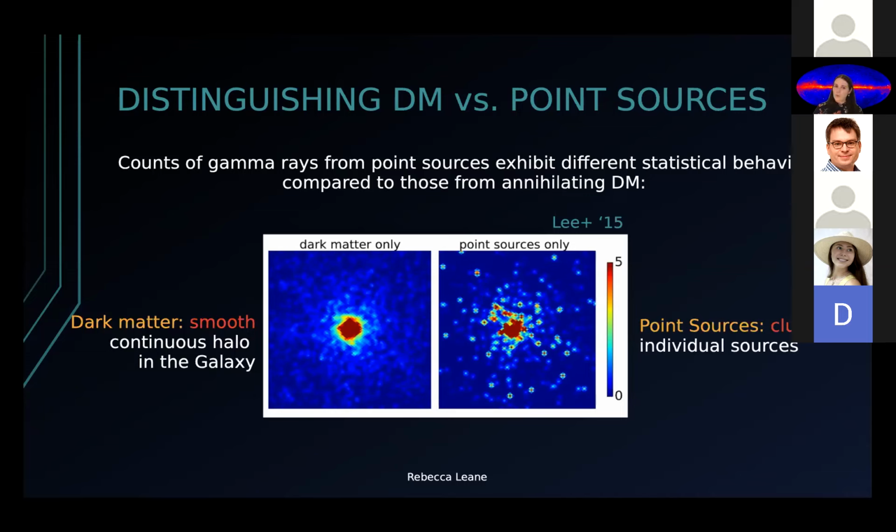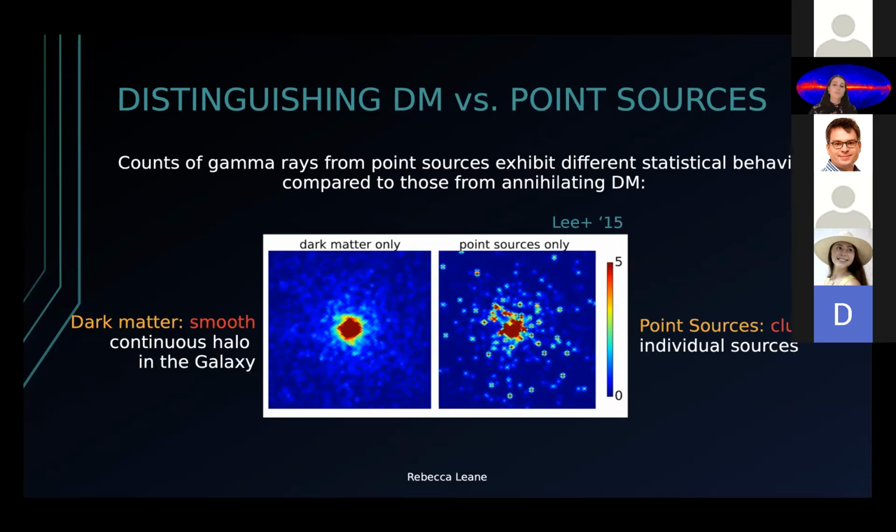Compared to if you have point sources, you have an image that looks a bit more like on the right. So the image looks more clumpy. And this is because you could imagine in a given pixel of the sky, you have no pulsars, so you have no gamma rays. And then in a different pixel, you might have several point sources giving you lots of gamma rays. So the pixel to pixel variance is much higher than the smooth case you have for dark matter. So we want to go hunting for smooth signals or sort of more clumpy signals.